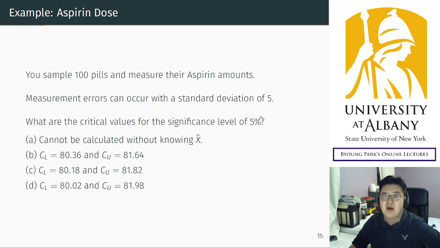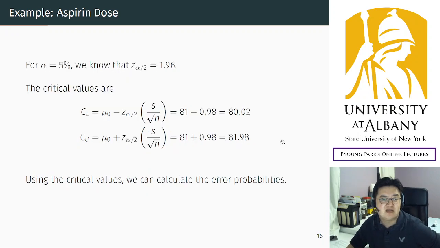And then first you need to calculate the critical values. Try this. Pause the video and think about how to calculate the critical values. Okay, the answer is like this.